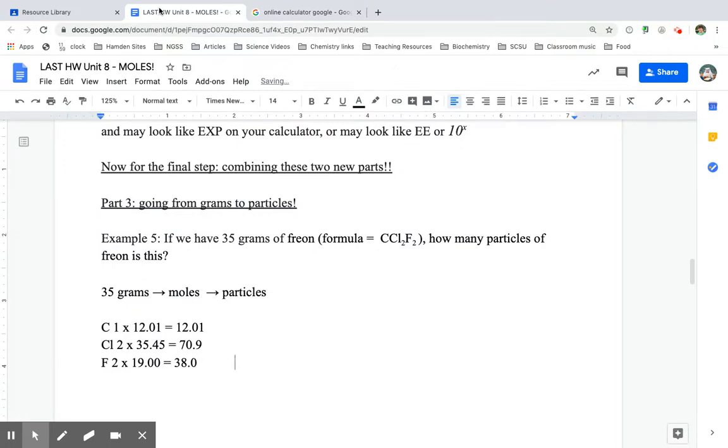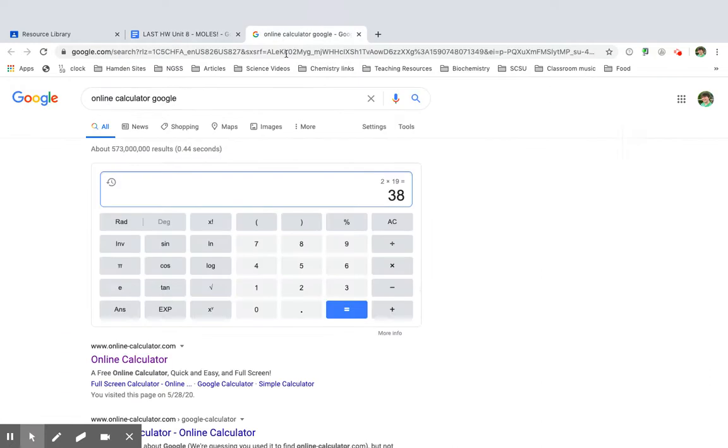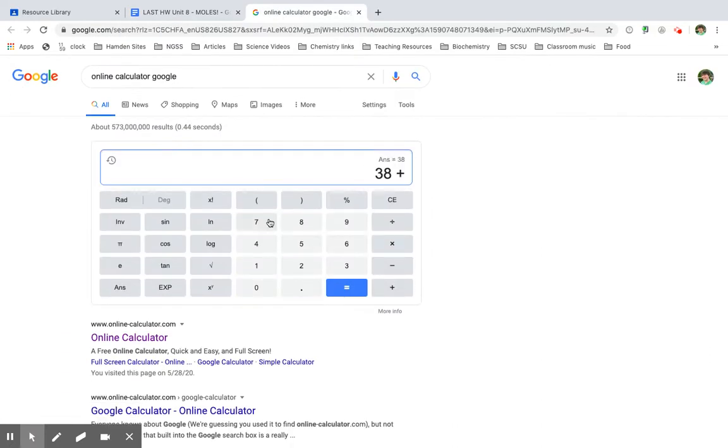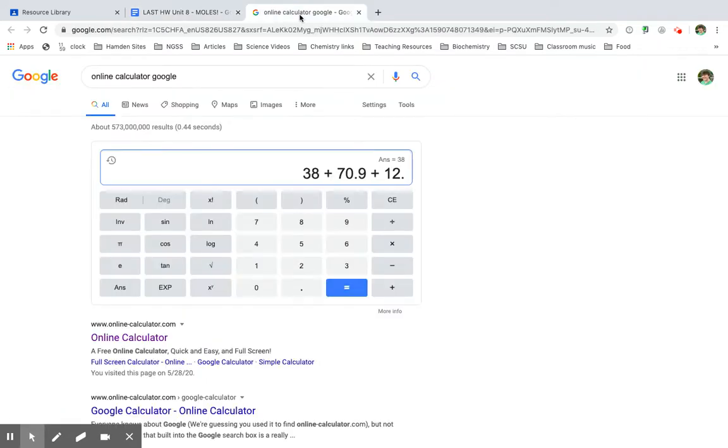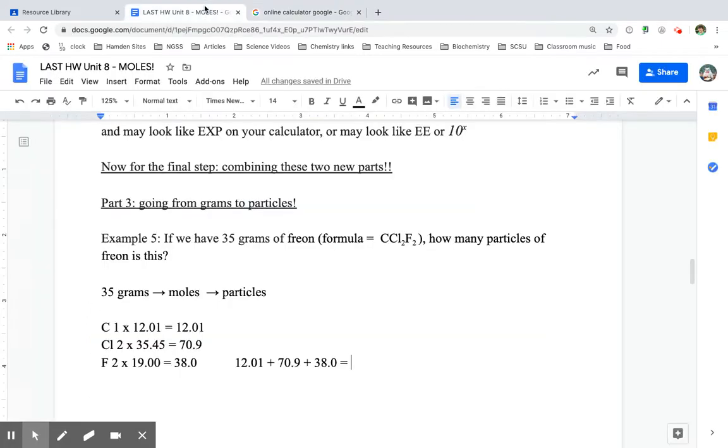Now we add all these up together. 12.01 plus 70.9 plus 38.0 equals 120.91. All right, these are the number of grams equal to 1 mole.